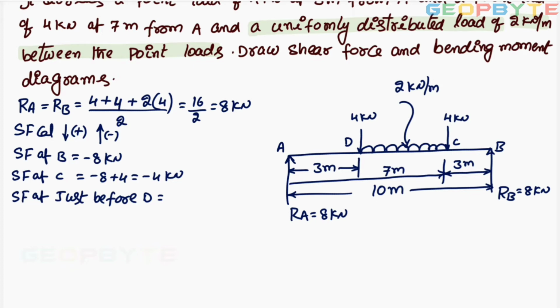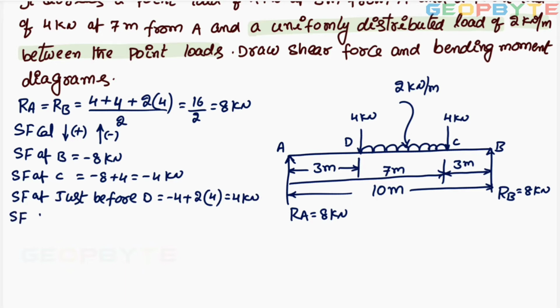For that, first we are finding the SF at just before D. For just before D, you consider the effect of only UDL. Minus 4 kilonewtons is already there, plus the UDL is developing the downward force. UDL multiplied by UDL distance 4 meters, it is plus 4 kilonewtons.